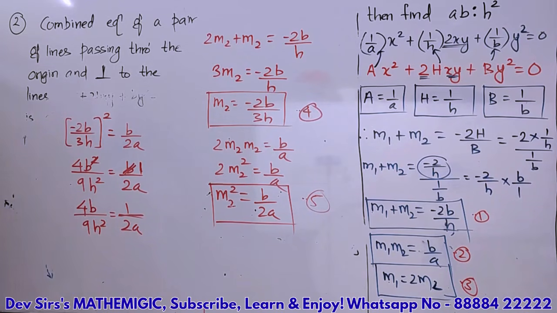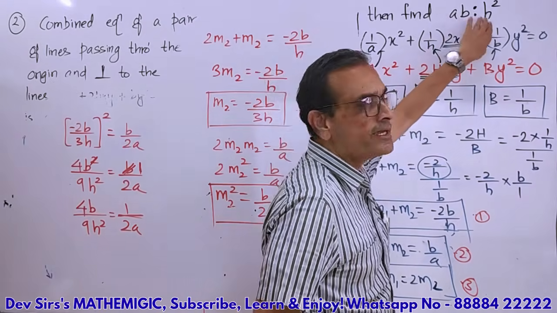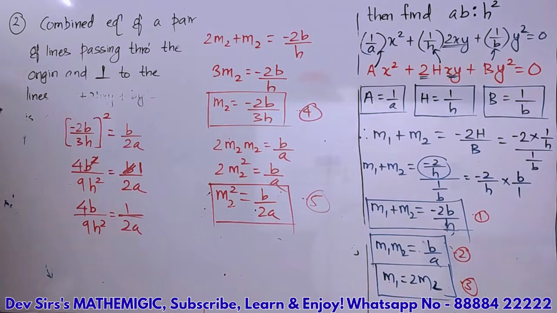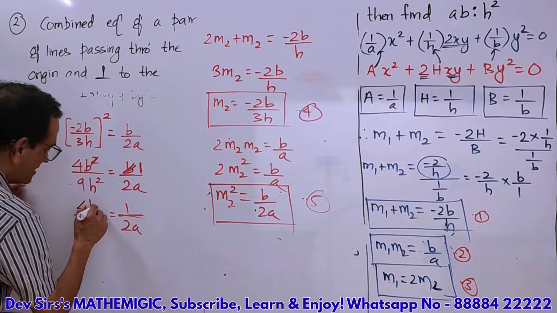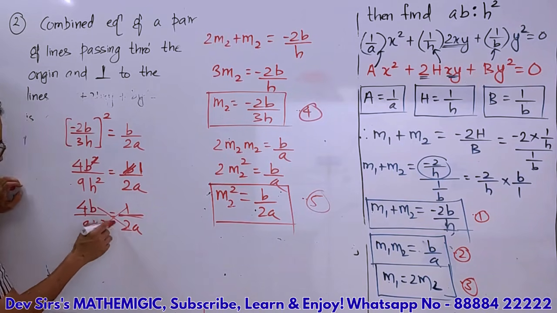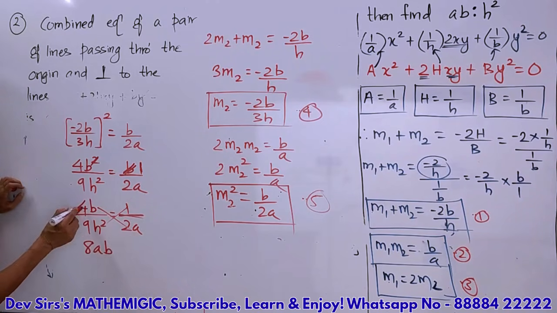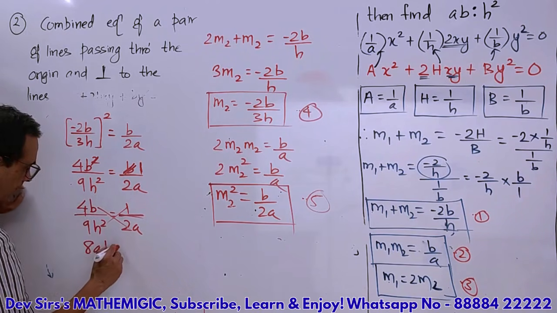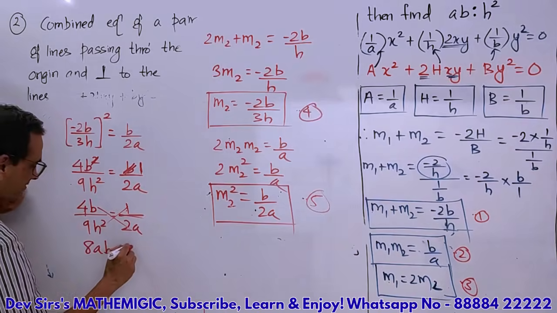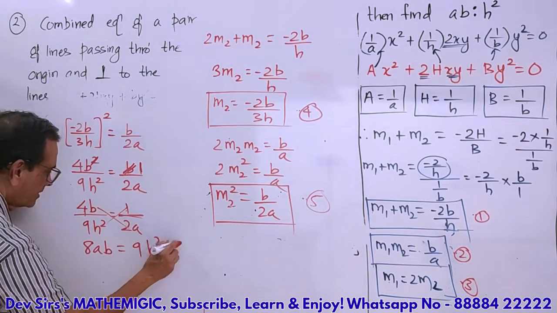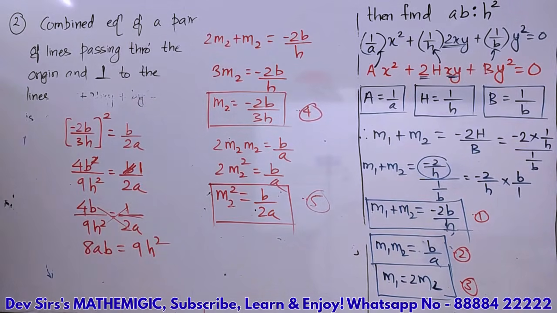So what is the question asked now? Find the ratio ab is to h squared, meaning ab upon h squared. So let us cross multiply this. 4b into 2a is 8ab, and 1 into 9h squared is 9h squared. Now the question asked is ab upon h squared.